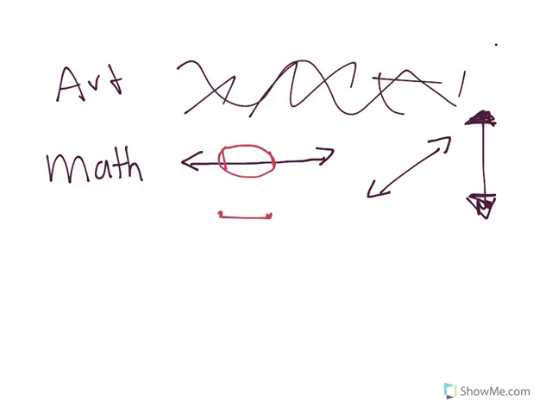And then there's one more thing that's a little bit of both, and that's called a ray. That's a line segment that has a point on one end, but then continues forever on the other side. So a ray could look like that, like that, like that.